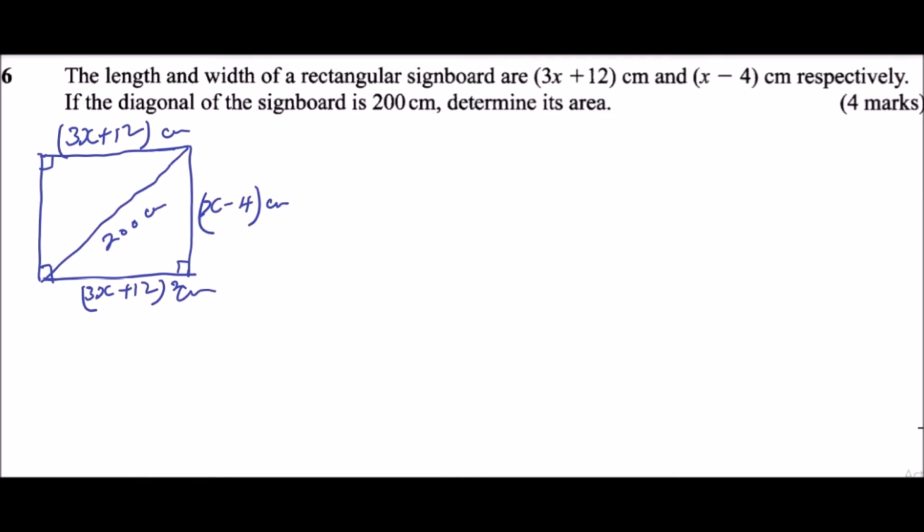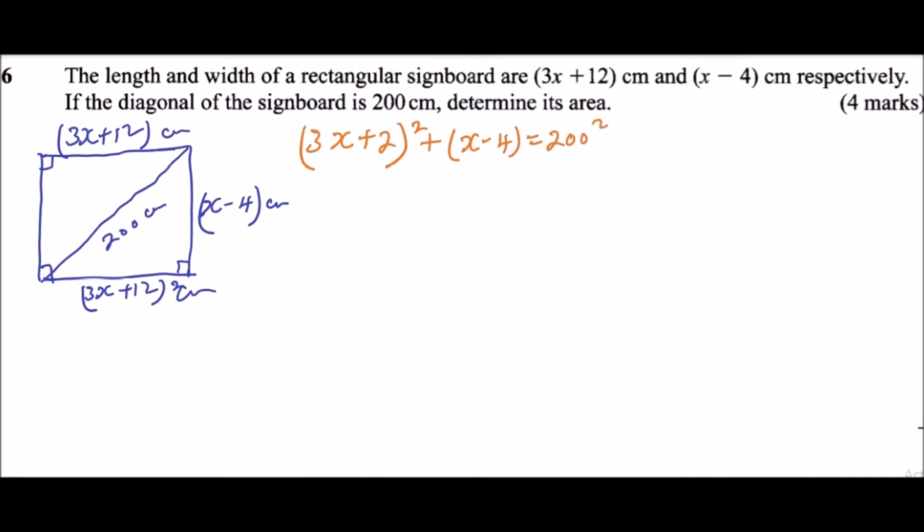So we write (3x + 12) squared, that is the longer side squared, plus the shorter side squared, that is (x - 4) squared. That should give you the diagonal, or the hypotenuse, squared.